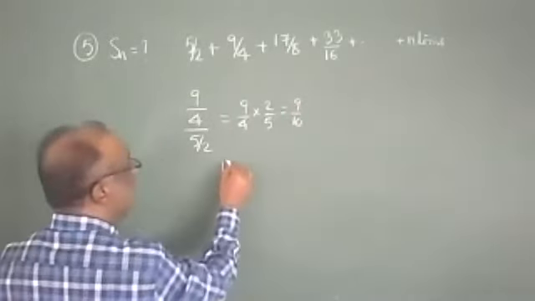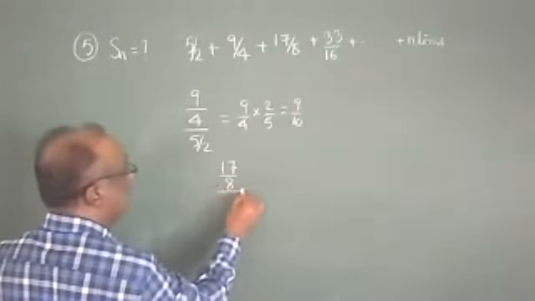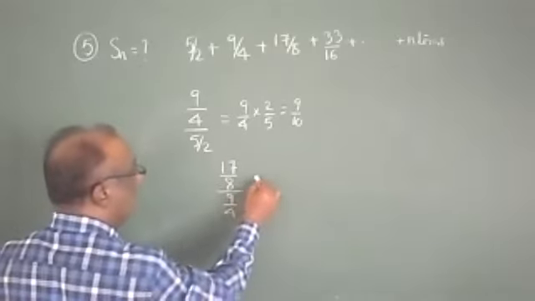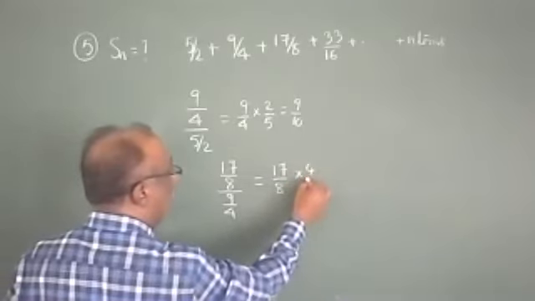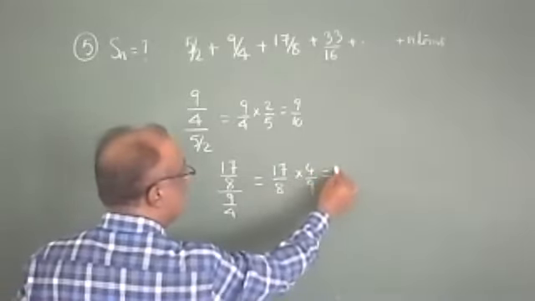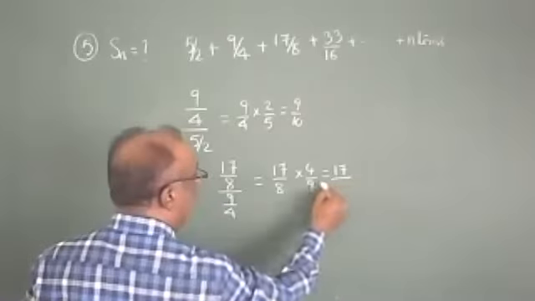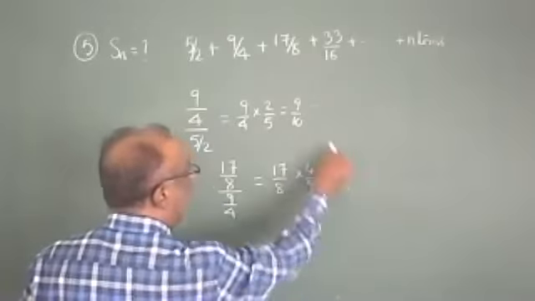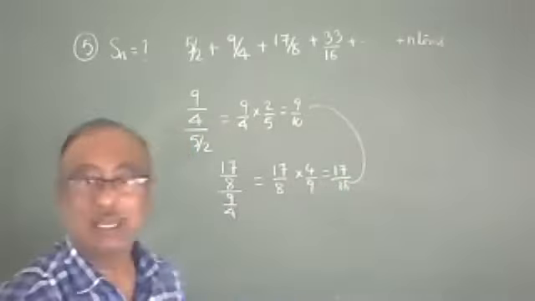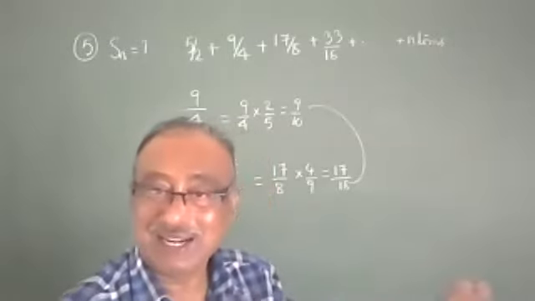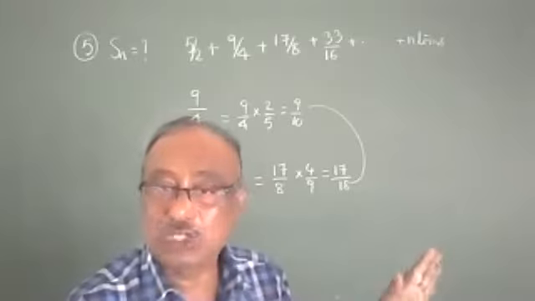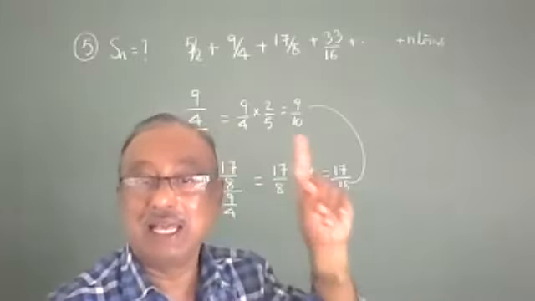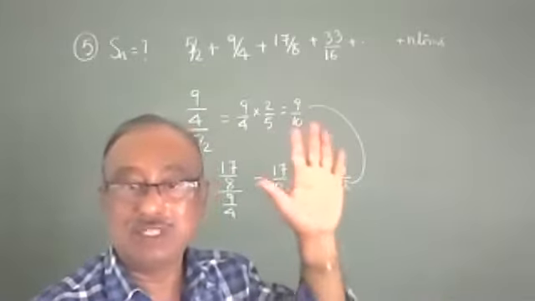Now see, 17 by 8 divided by 9 by 4 is 17 by 8 into 4 by 9, this is 17 by 18. Different values are getting. Therefore, common ratio is not the same, common difference is not the same. Neither in AP nor in GP.